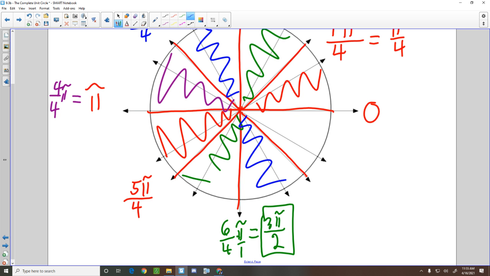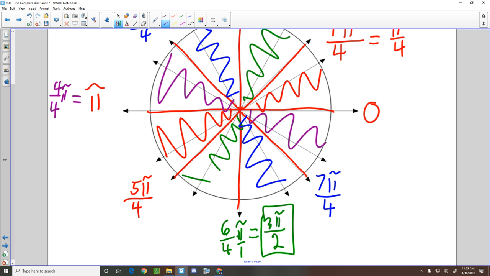Okay, I had 6 slices. I'm adding one more. I now have how many slices? Got 7. So this next one is 7 pi over 4. And that's that angle.